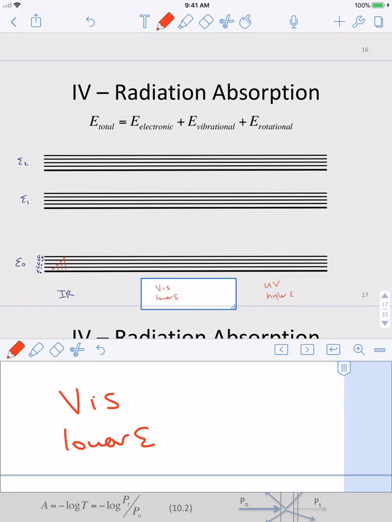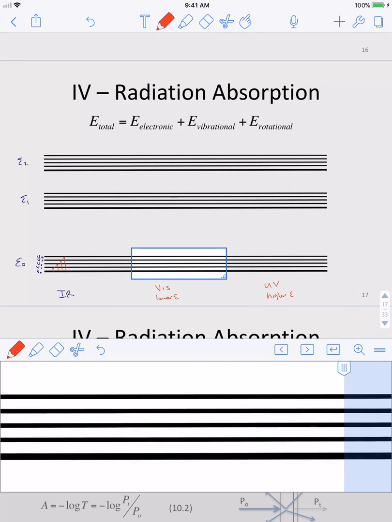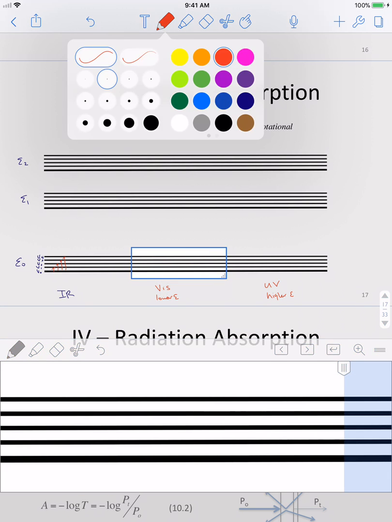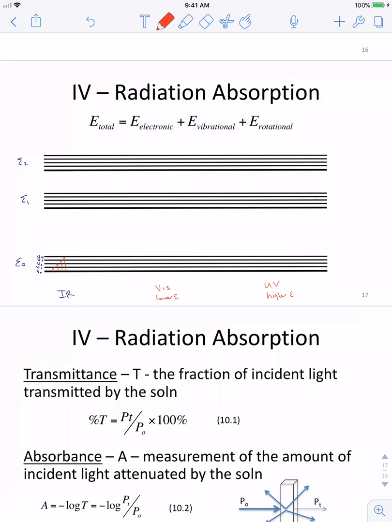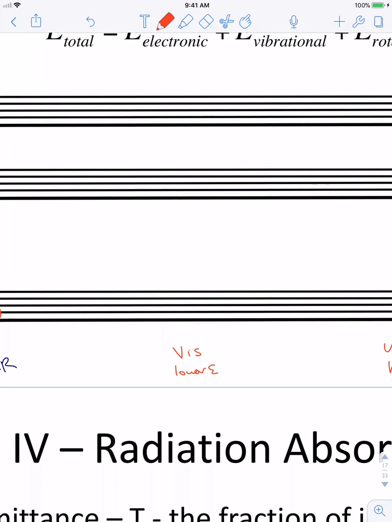So these are high enough to cause electronic transitions, but UV light will cause bigger transitions, from E0 to maybe E2 or E3 and so on. For visible, we're going to get excitations from the ground state all the way up to E1, but also all the way up to the different vibrational and rotational states in E1.